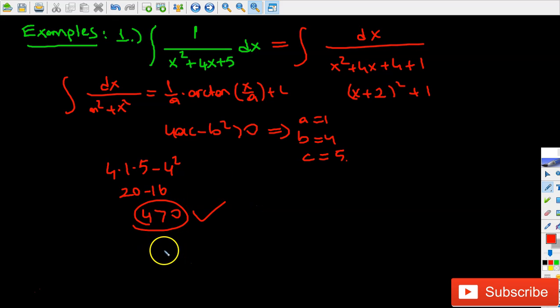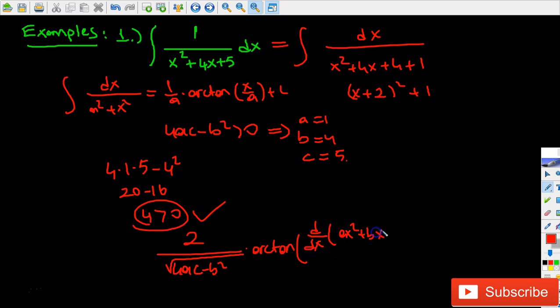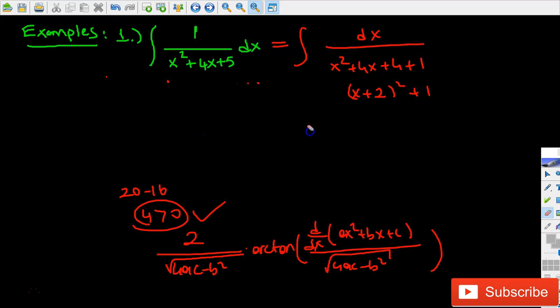If I apply the formula, that's going to be equal to 2 over the square root of 4ac minus b squared, times arctangent of the derivative d over dx of ax squared plus bx plus c, divided by the square root of 4ac minus b squared. So this was the formula. Let me clean up this part. What I'm going to get is 2 over the square root of 4, since we know 4ac minus b squared was equal to 4, times arctangent. Then I take the derivative of the denominator.